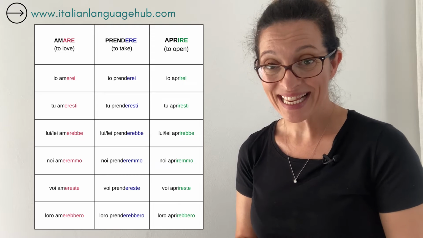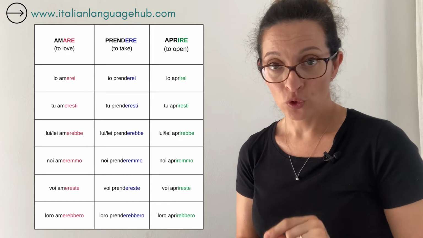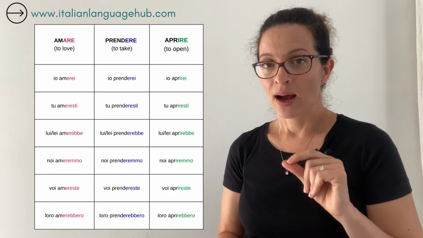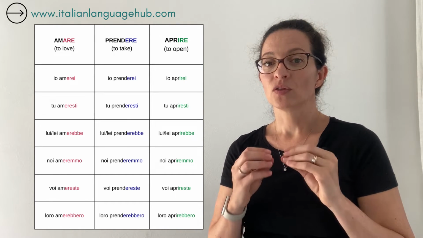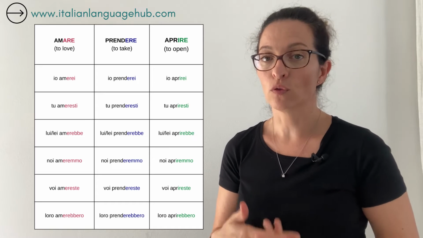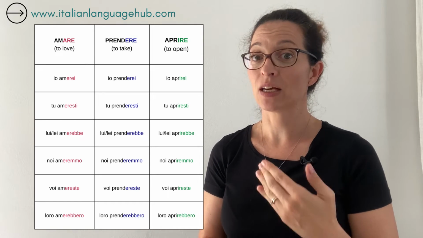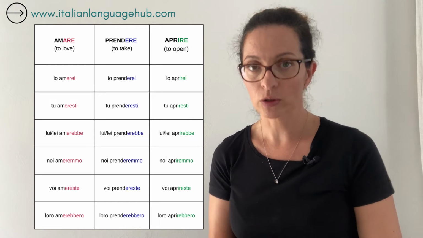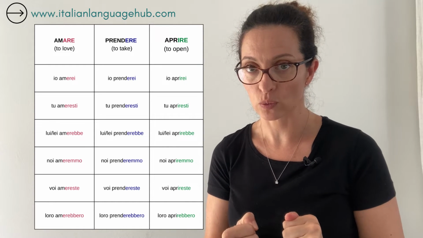Voi aprireste. Loro aprirebbero. Once again, try to repeat them over and over and over to get those endings correct. You got those endings right? All of your regular verbs are in you.